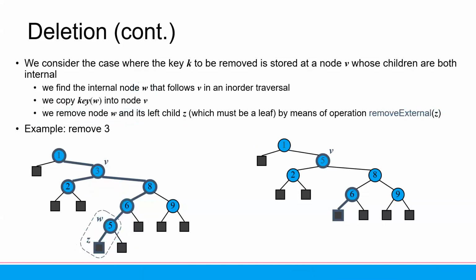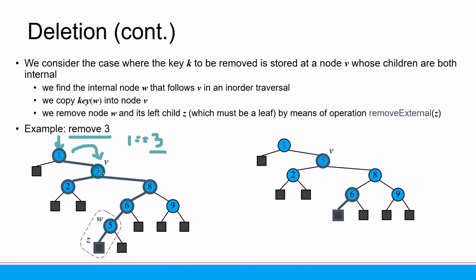I want to delete 3. Okay, I want to remove 3. So we will start from the root. 1 equal to 3? No, we know that 3 is higher than 1, so we go to the right. Okay, we find 3.